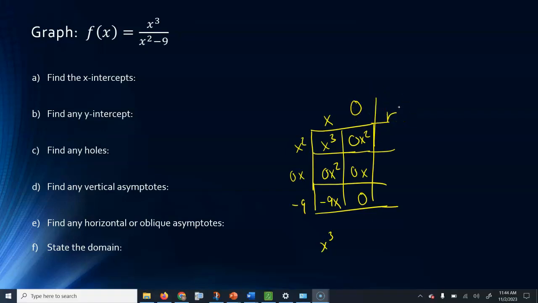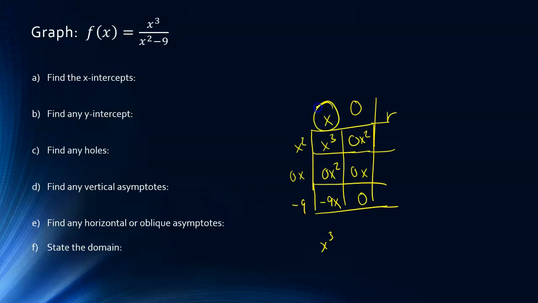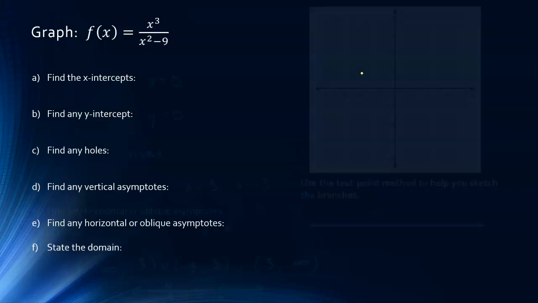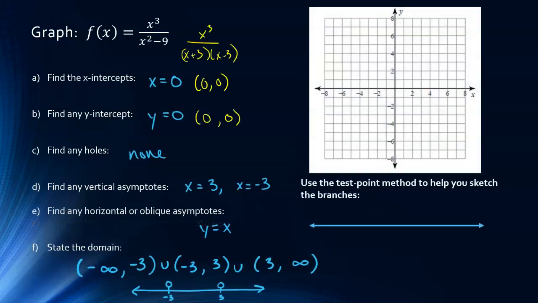So we don't care about the remainder, so that tells me that the slant asymptote would be y equals x. So if you're wondering how to get that oblique asymptote, that's how you do that. And then for the domain, remember, x can't be 3 or negative 3, so if it helps, use the number line. That's what I did at the very bottom of the screen. And so you could see what the interval would be for the domain.